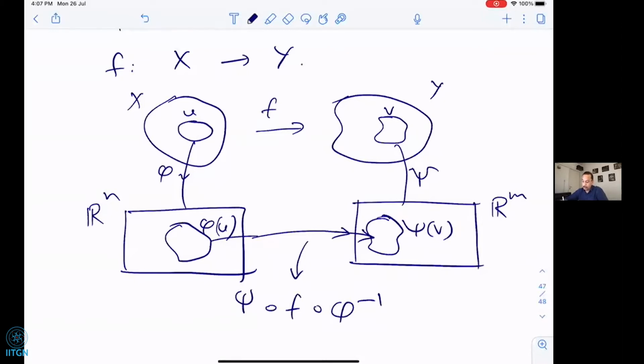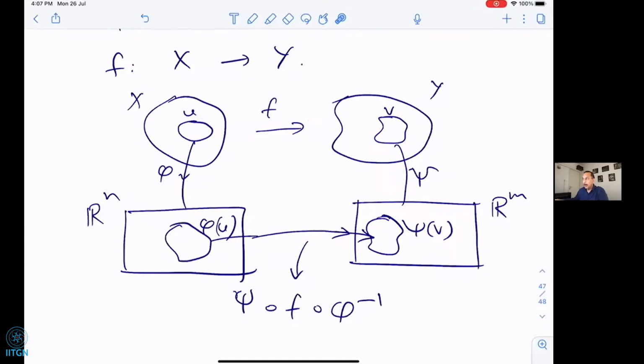You can see why it is so, because I claim this is a function which takes me from here to here. First I act with phi inverse, that takes me by definition from here to there. Next I act with f, that takes me from here to here. Next I act with psi, and that takes me from here to here. So all in all, by doing this process, I've defined a function which goes from phi of U to psi of V.